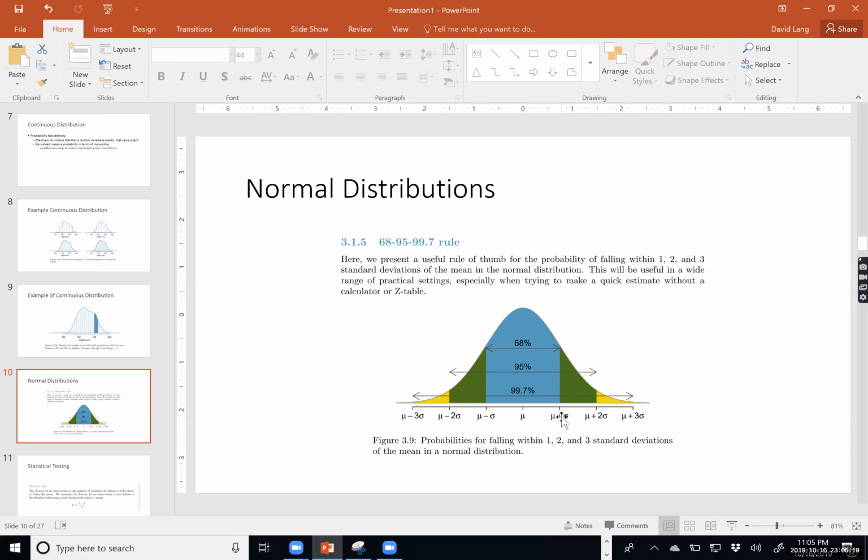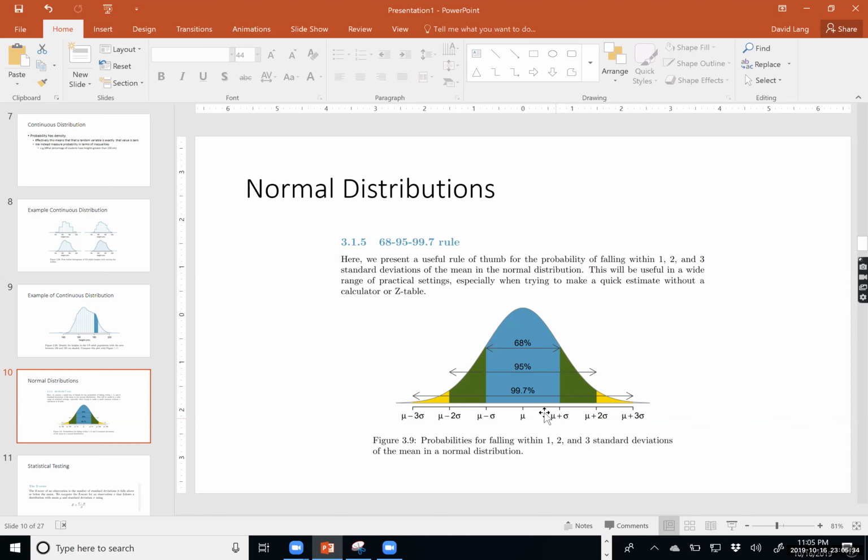And what we also know is that there are certain useful features to understand how likely it is, if you were to pick a random number from the normal distribution, that it's going to fall into certain regions.